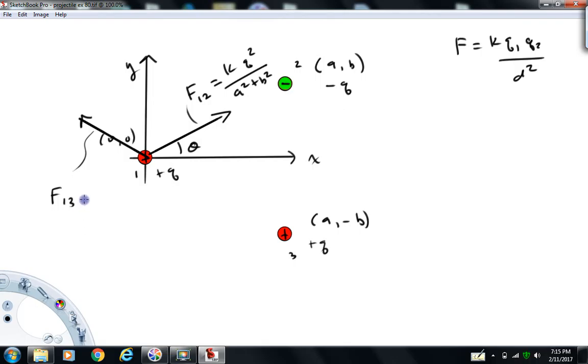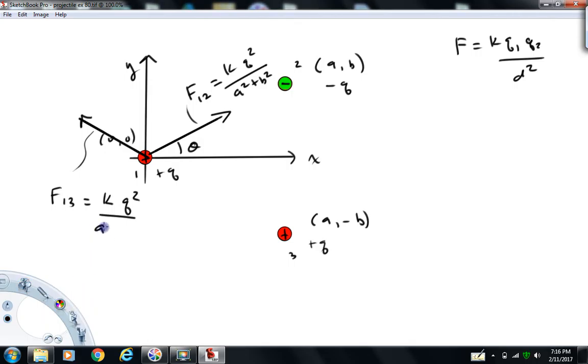I did that just to make this a nice smooth example, which means, again, I can write this as kQ squared. And by the way, the distance from here to here is the same as it is from here to here. If we look at this triangle, again, that distance is A and that distance is B. That makes this distance the square root of A squared plus B squared, but in the bottom here we're going to be squaring that distance anyway.